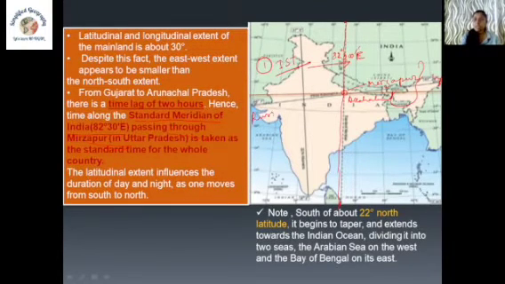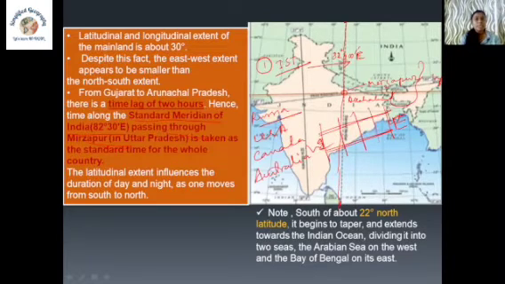Whereas there are some countries, Russia is the largest country, USA, Canada, Australia, all these countries which are having a broad east-west stretch, they have multiple time zones. So multiple time zones they are having, because they need to avoid the inconvenience created by different times at different places. Up to this, is it clear?